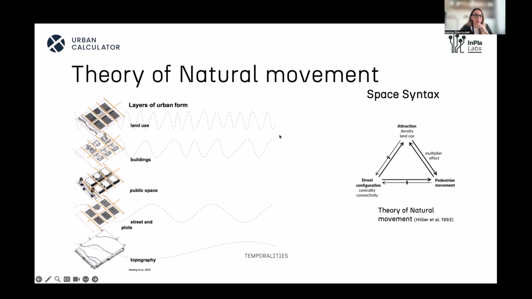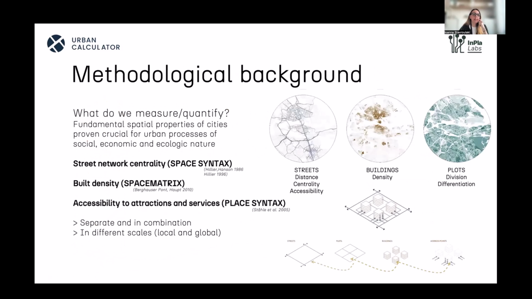We place a lot of emphasis on the street network because not only is it a driver, like we said, of all these processes, but also because it's quite a stable layer of urban form. We can change land uses, building uses easily, even buildings we can replace, but the streets and the street configuration, the street layout, this is harder to change. So we need to be informed when we design. We need to be as sure as we can when we design a street network.